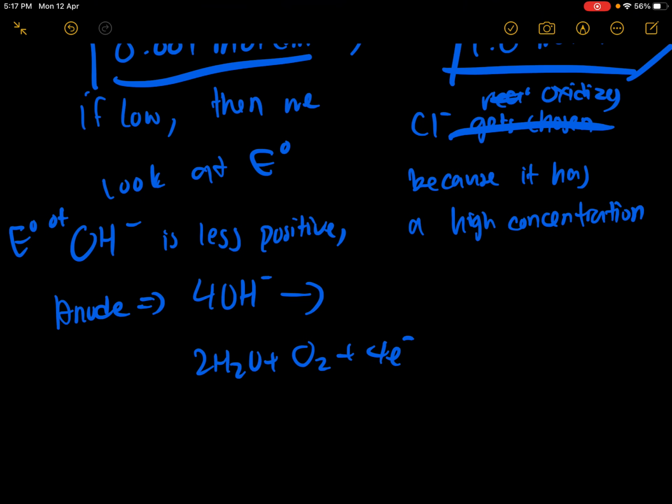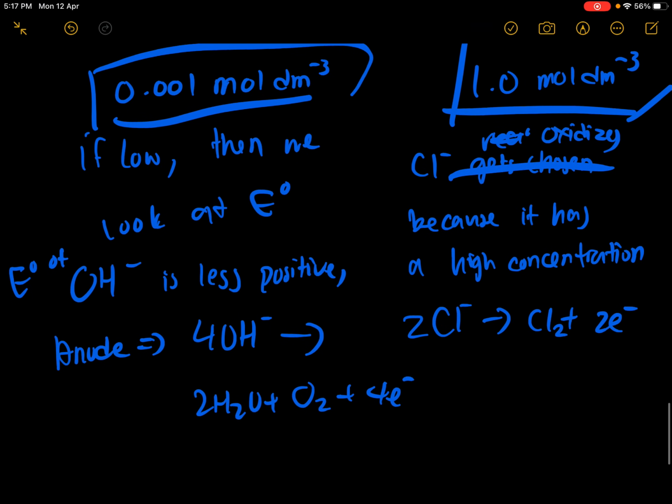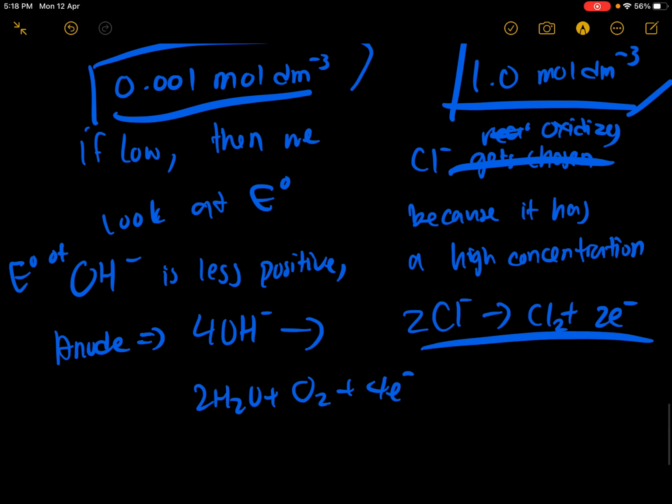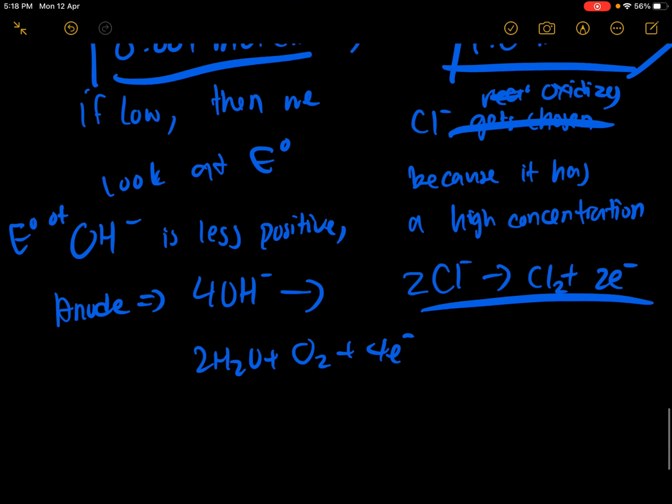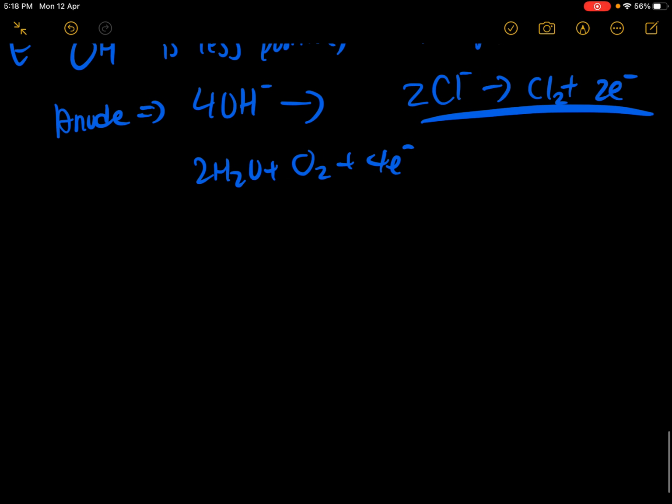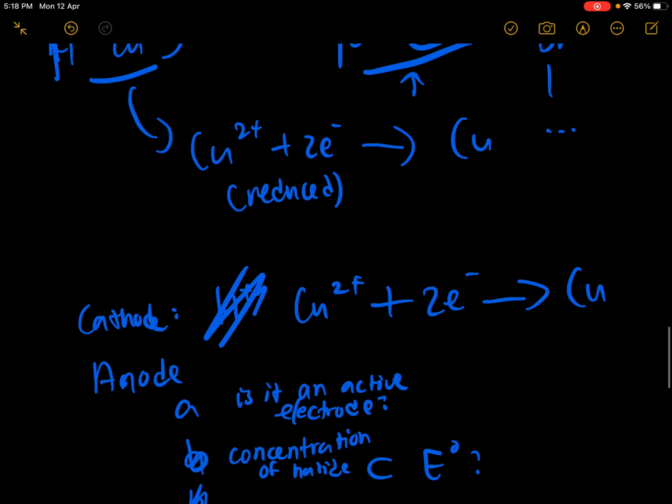So instead of 4OH minus becomes 2H2O plus O2 plus 4e minus, you will get Cl minus becomes Cl2 plus 2e minus. So if it's high concentration, Cl minus is the anode's electrolyte. If it's not concentrated enough, then it will choose the 4OH minus instead.